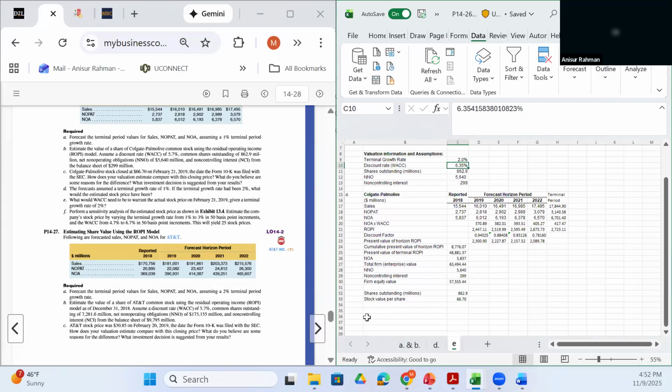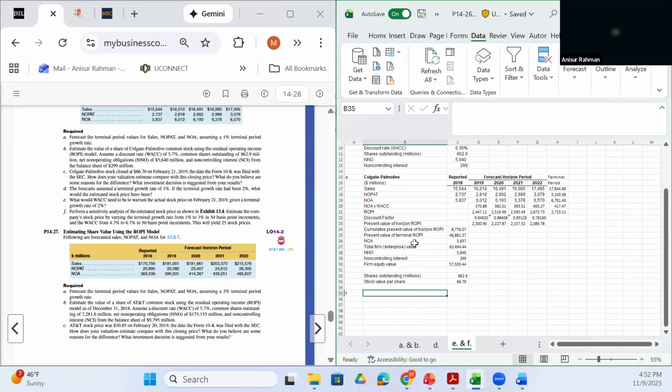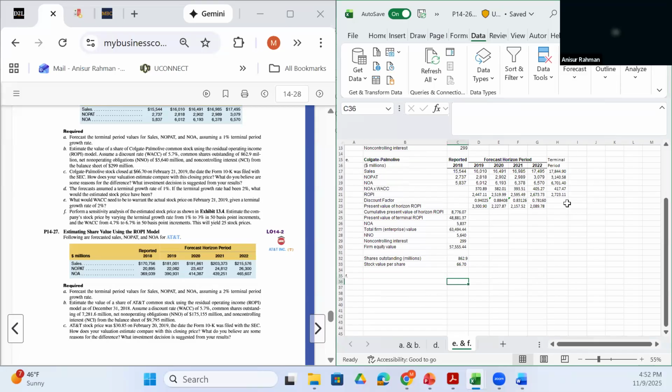Okay, so what that basically means, we have to create a table and examine stock price under different assumptions. So first assumption is terminal growth rate will change from 1% to 3%. Okay.